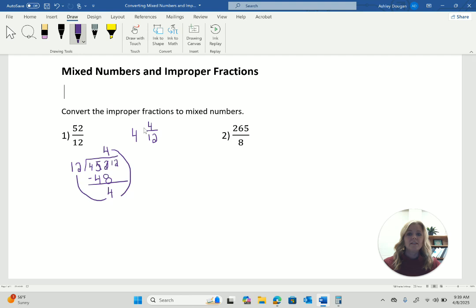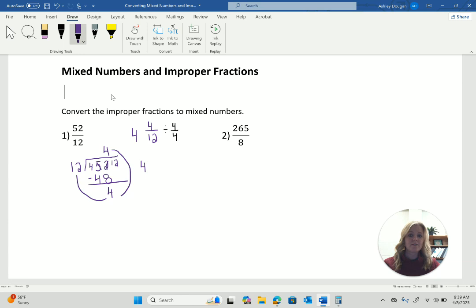Now, I still need to make sure that this is in simplest form. Anytime we're dealing with fractions, we're always going to come back to putting something in simplest form. I can divide the top and bottom by 4. The whole number stays the same.